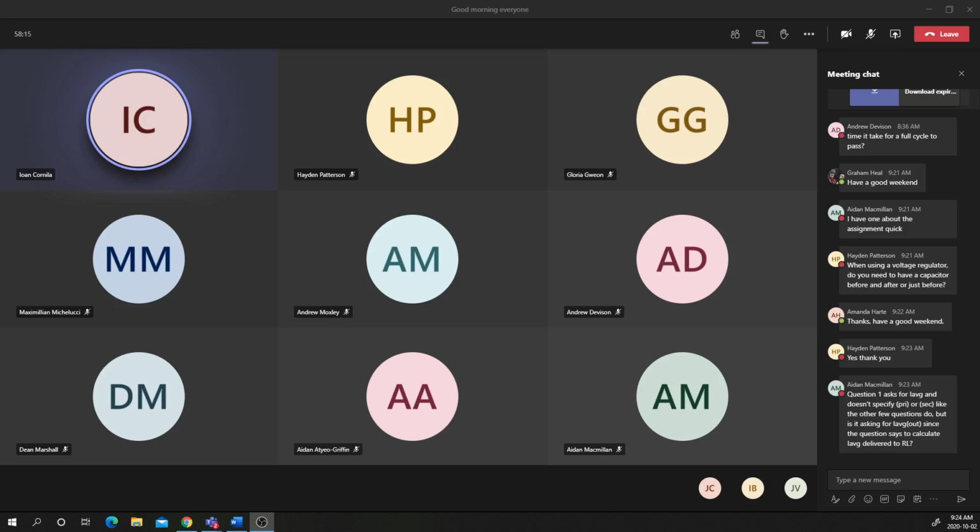Yes, I know it's not specified. It's given in RMS, but you have the equations that are already given for half-wave or full-wave rectifier to determine the average, which is actually the DC. Remember that the average or the DC voltage or the DC current.